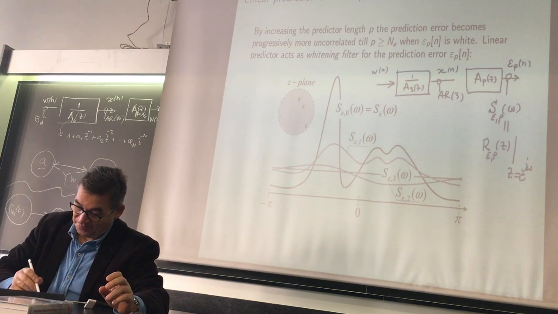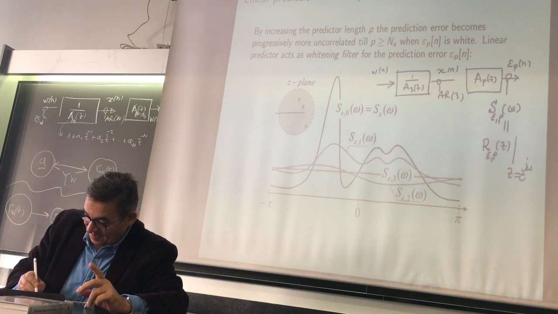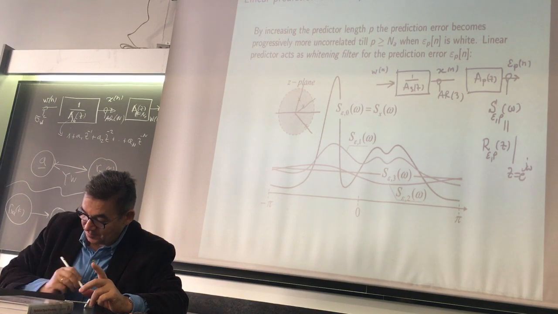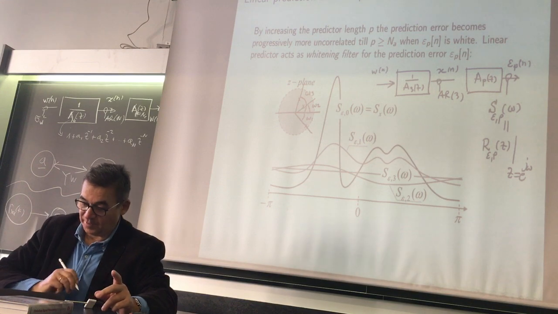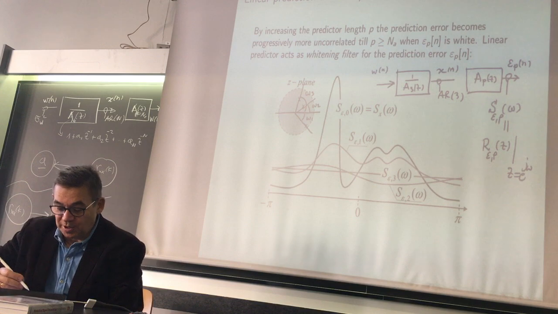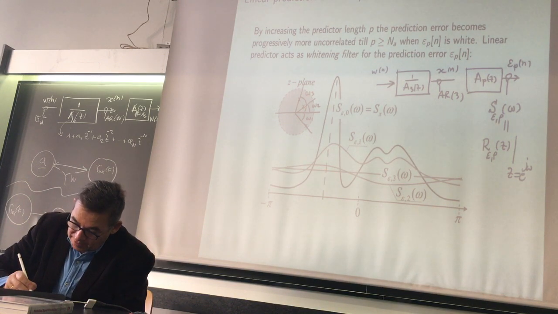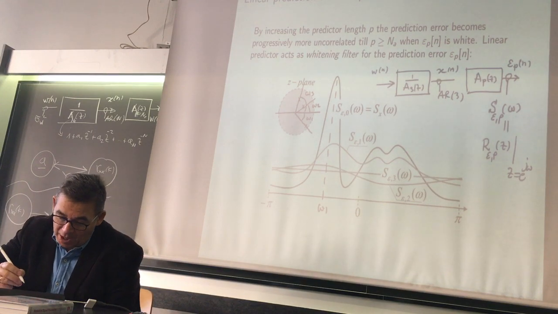Okay, so I have a pole here, another pole, another pole. So I have poles at the frequencies omega 1, omega 2, and omega 3. Now the pole omega 1 is at negative 1, so that's the frequency omega 1 of the first pole. Then I have the 2nd and the 3rd.